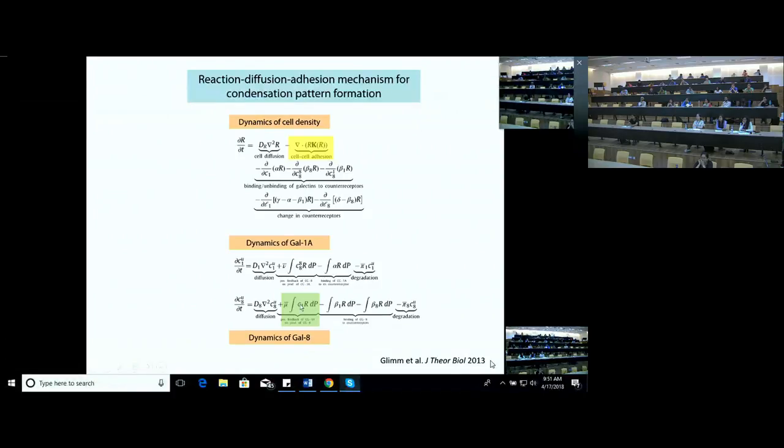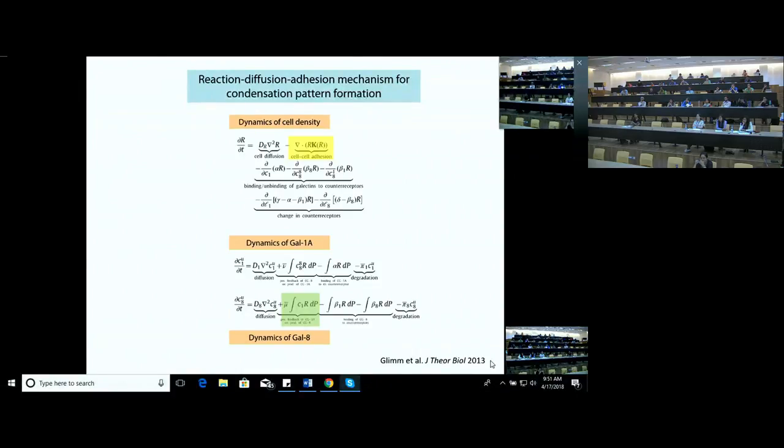Here we have a term that has a parameter mu that is involved in the ability of galectin-8 to be regulated quantitatively.